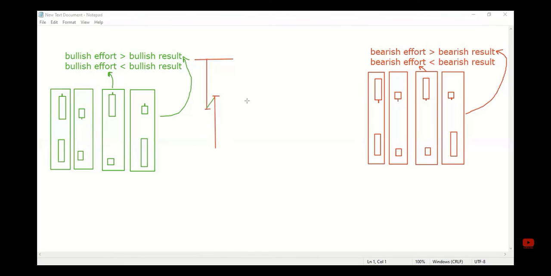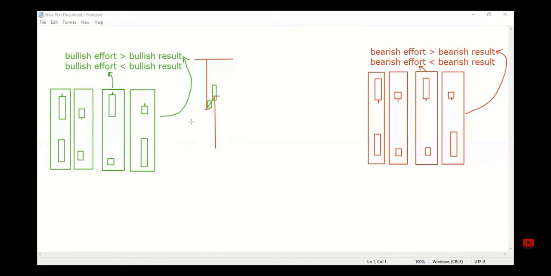But sometimes the market will not give us that type of candlestick in this pullback area. Sometimes the market may create a strong candle, this type of candlestick or this type of candlestick. So if we see here to here, any of these candlesticks, suppose this one first, and the second candlestick this one.